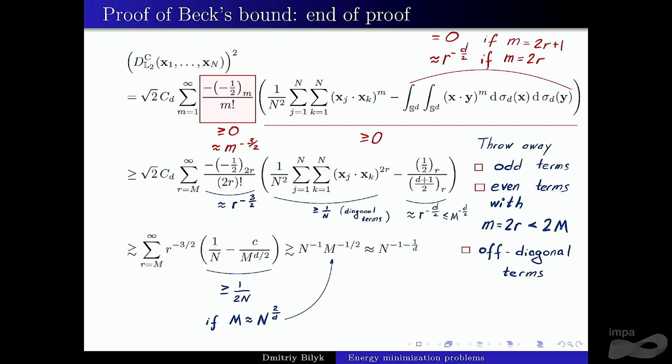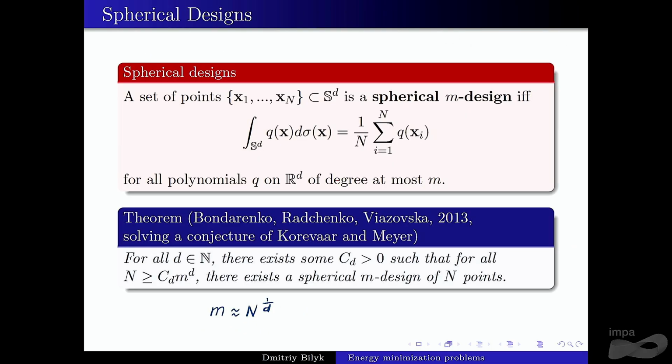So, when do spherical designs exist? This is a copy of the slide that I had in the previous lecture. We know from the result of Bondarenko, Radchenko, and Viazovska that spherical m-designs of the order m to the d exist. So that means that m is roughly n to the power 1 over d.